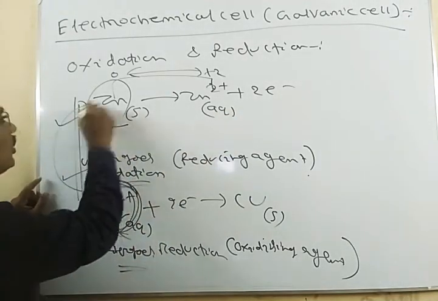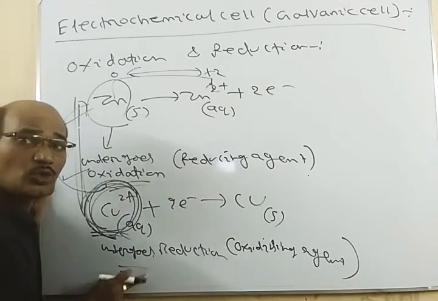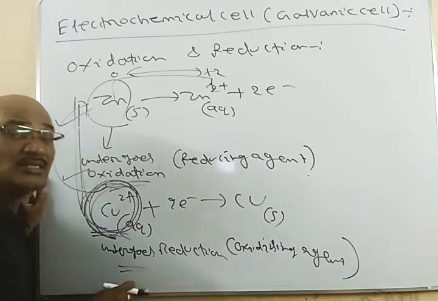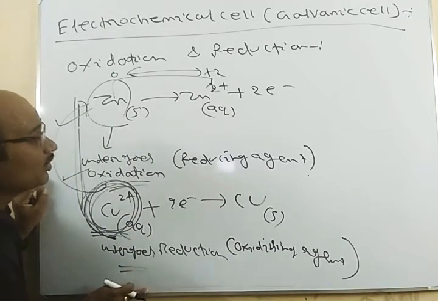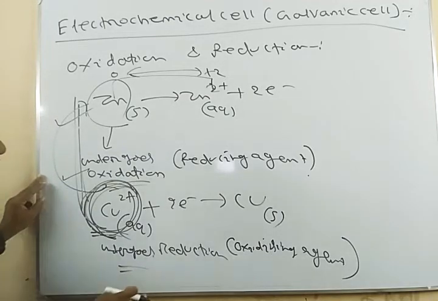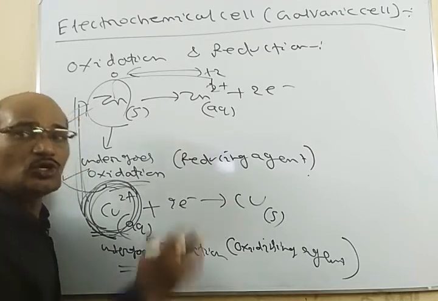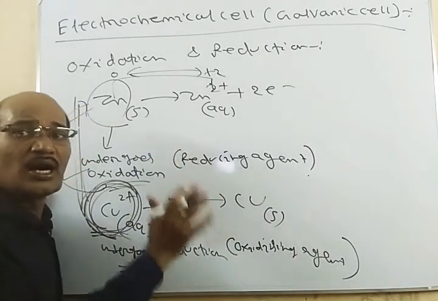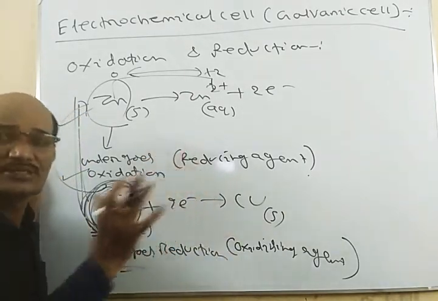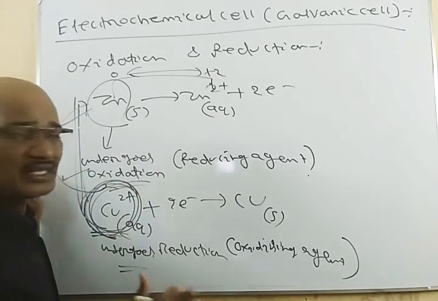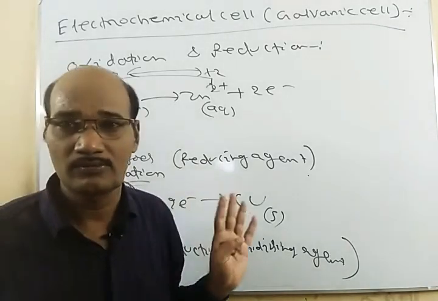If somebody is undergoing oxidation, somebody must be there to undergo reduction. That means there will be a reducing agent and an oxidizing agent. So oxidation and reduction always take place simultaneously, never independently.